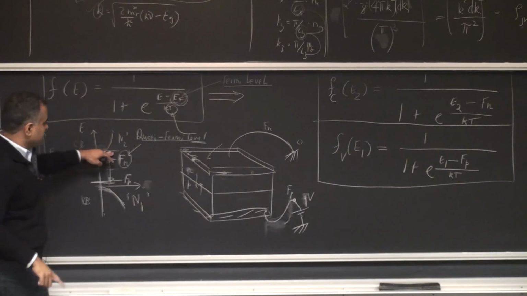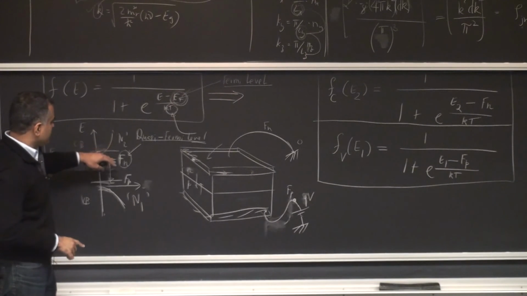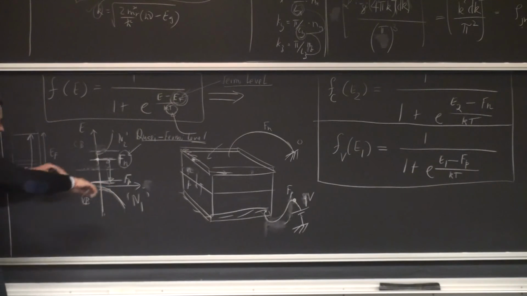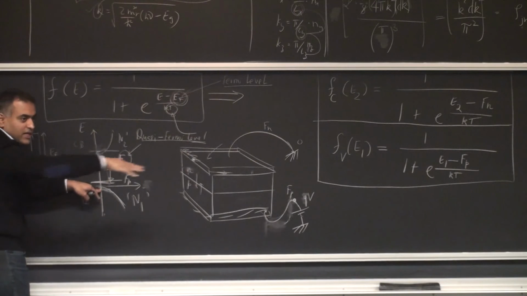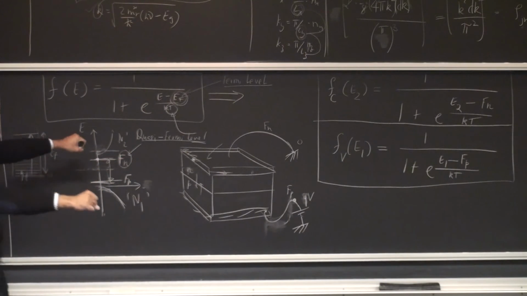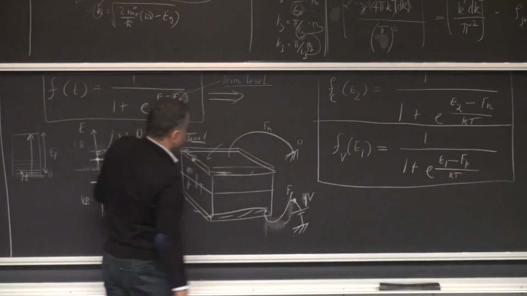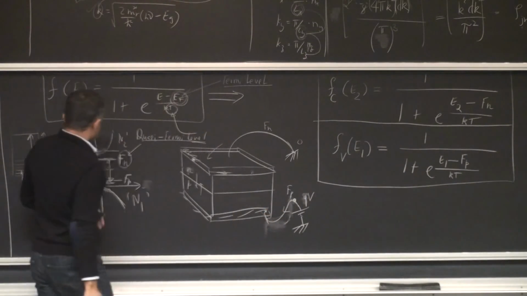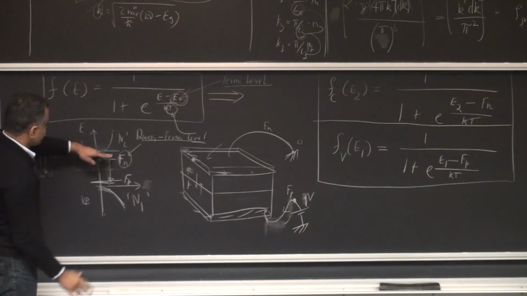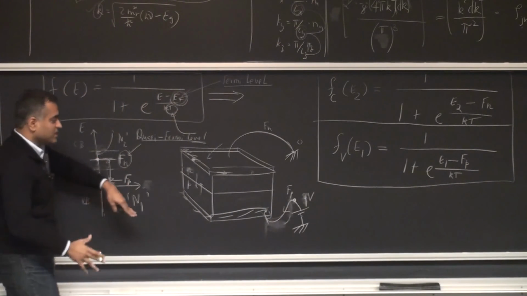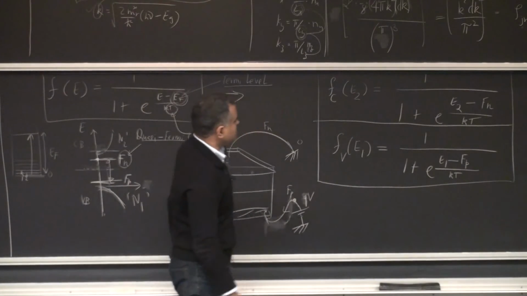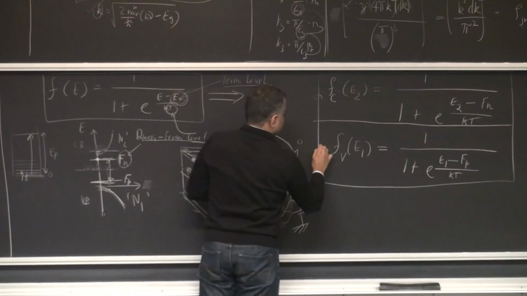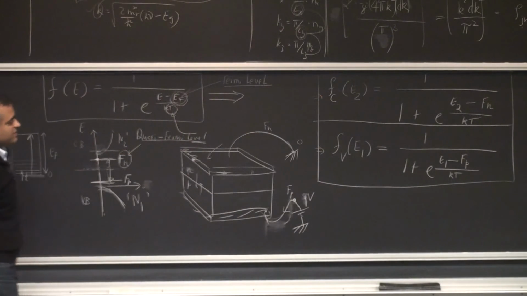But in a semiconductor laser system, amazingly, you can control N2 and N1 independently. You don't have to start from here and put it there. You can inject extra electrons from outside, and the way you do that is with the battery. When you pass a huge amount of current, you can effectively, independently control N2 and N1, and that control is captured in these two equations, which are the Fermi function for the electron population and the Fermi function for the hole population, or the valence band population.